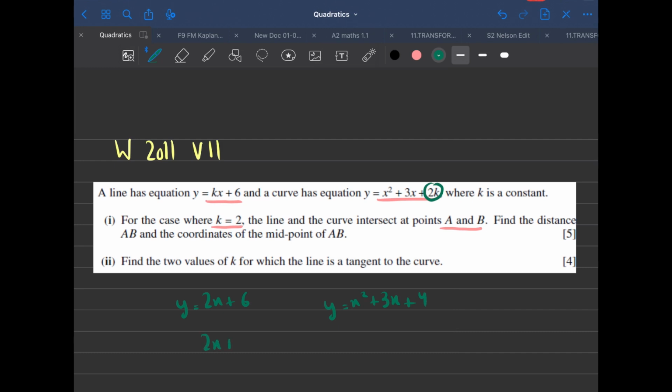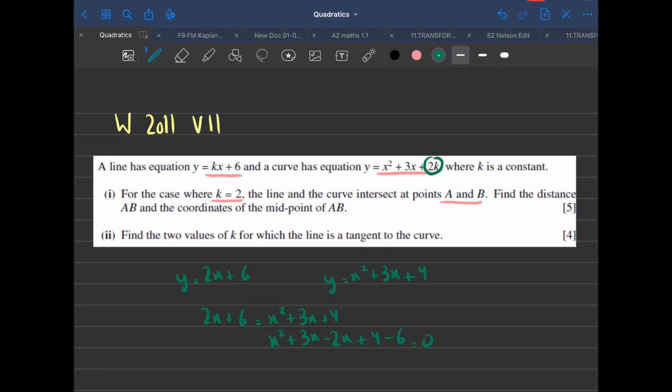Let's equate 2x plus 6 is equal to x squared plus 3x plus 4. Let's shift it here. x squared plus 3x minus 2x, 4 minus 6 is equal to 0. x squared plus x minus 2 is equal to 0.